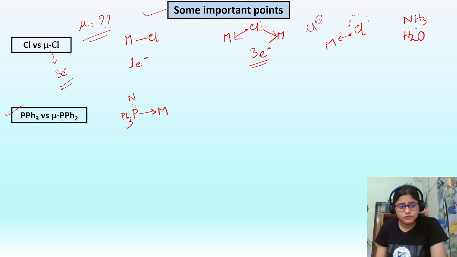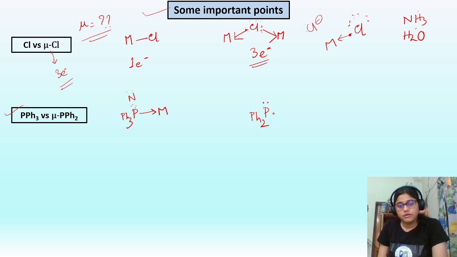And here, if you see, it is PPh2, not PPh3. So how many electrons will it have in its outermost shell? So, phosphorus can form 3 bonds. One bond is not formed. So one electron will be here and another lone pair will be here. Fine.